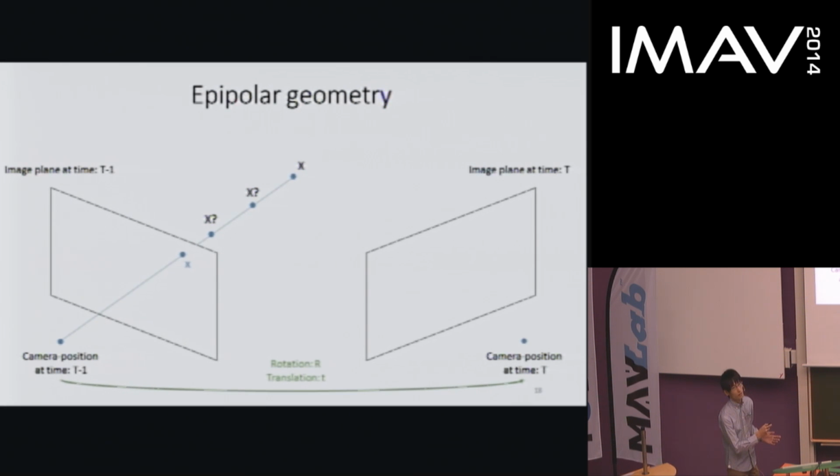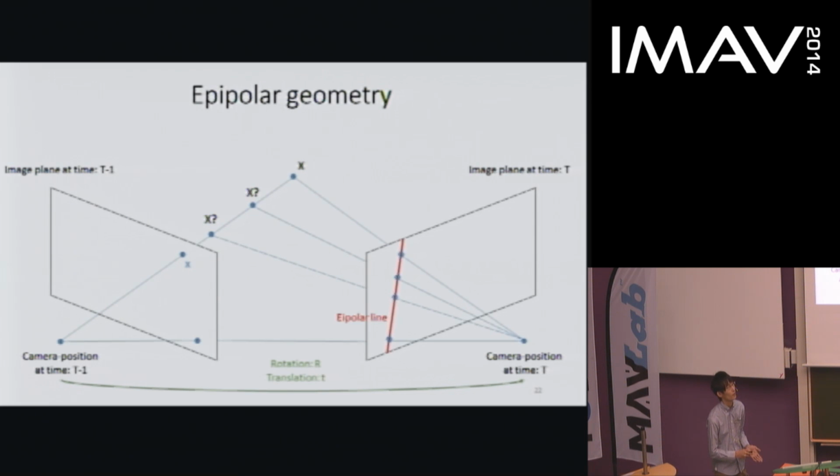Now, if X is here, we will find it here in the second image. And if X is here, we will find it here, and so on. Intuitively, the location of x in the second image is constrained to a specific line, like this.